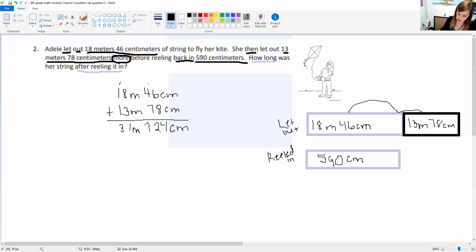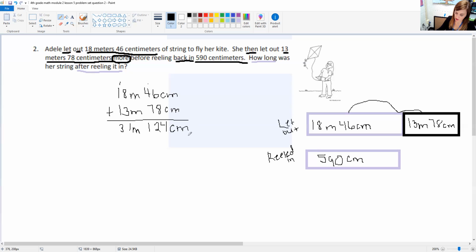Okay. So we know that we can change this because this is all in centimeters. I want to change these meters to centimeters.